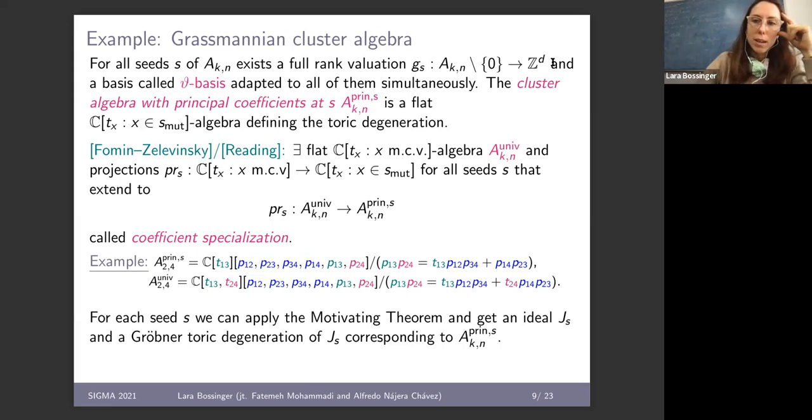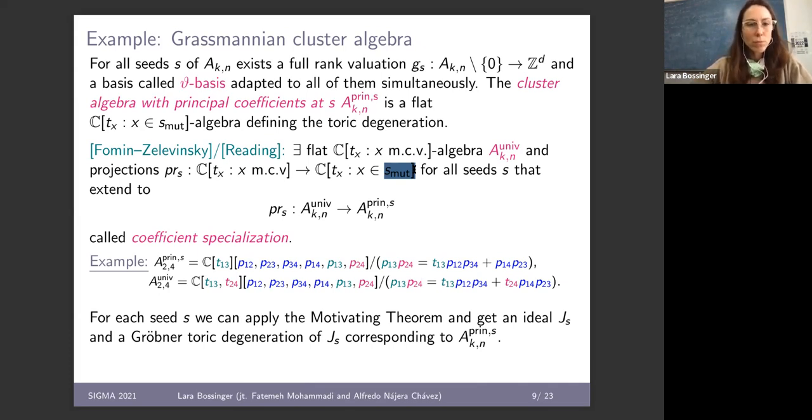So that's this, k times n minus k plus 1. And along this quiver, the first row and the first column, the last row, all these variables are frozen. So we will have k minus 1 times n minus k minus 1 many mutable variables, and the rest will be frozen.